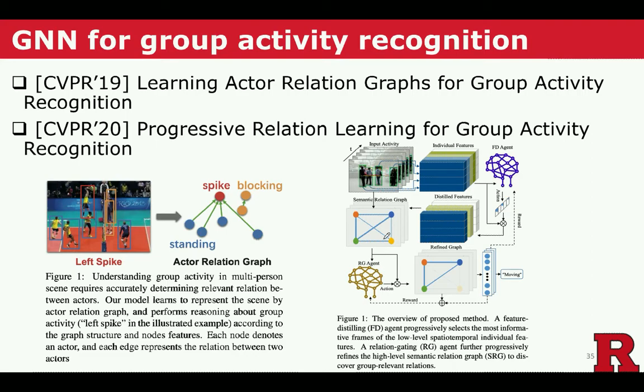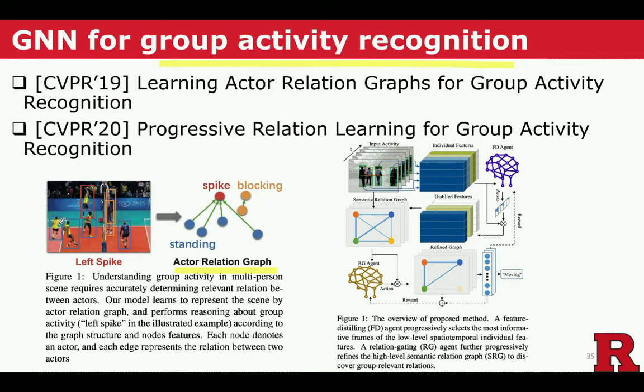Since GNNs can model and reason about relationships, an actor relation graph is also learned for the group activity recognition task. The idea is to let the model focus on the interaction between the people.